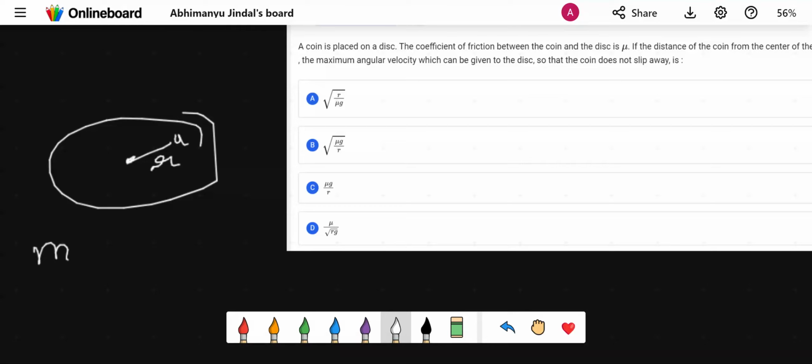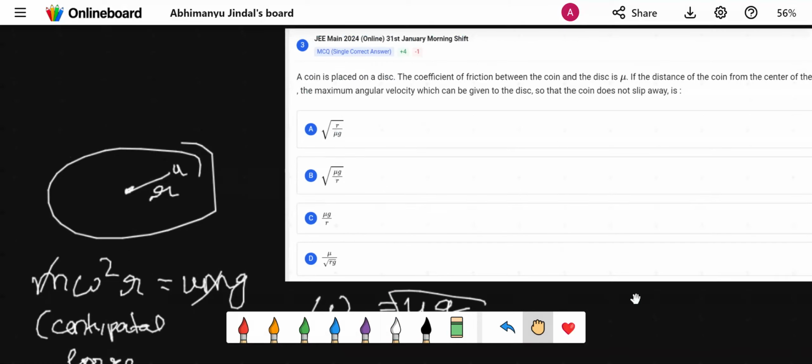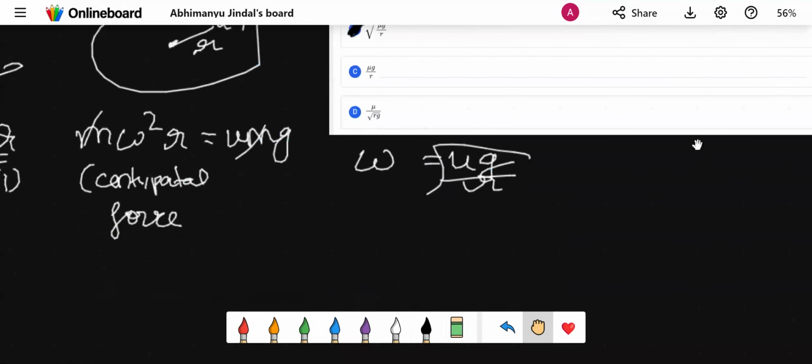You know that m v square by r, the maximum angular velocity, so m omega square r, which is our centripetal force, is given by mu mg. So that means omega is the root of mu g by r. So the correct answer is B.